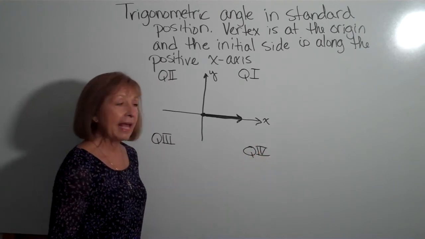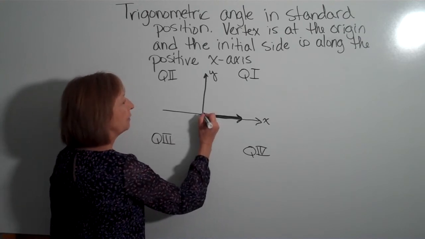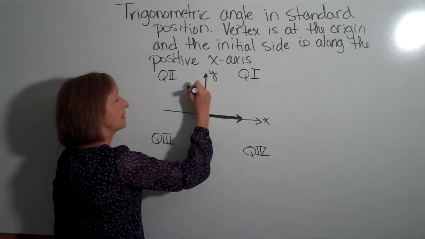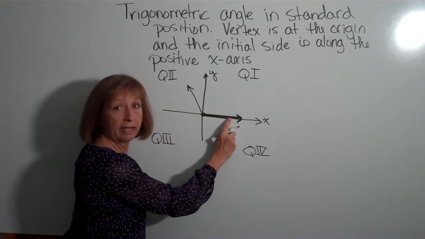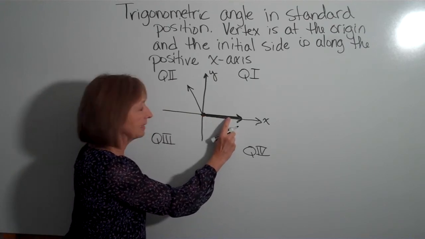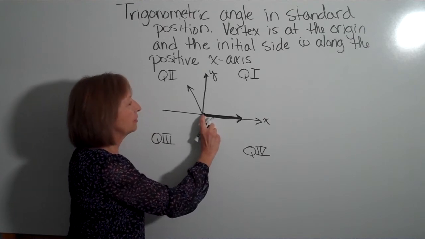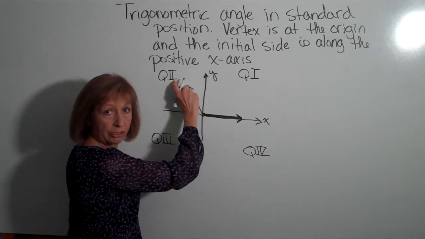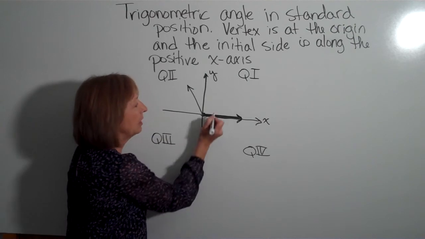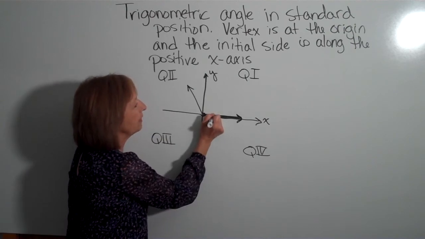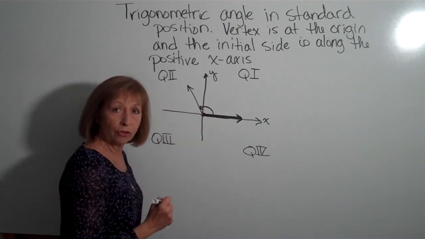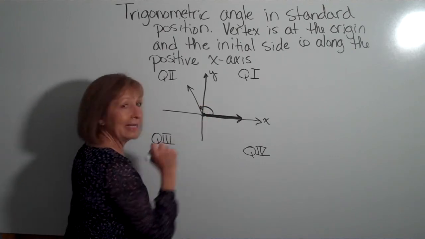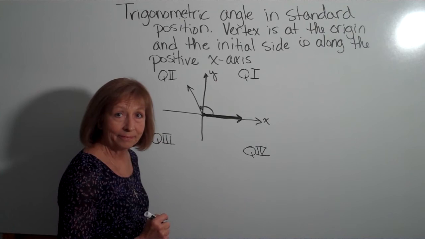Now if I have an angle that's shown to me like this, I have the vertex at the origin, the initial side along the positive x-axis, and the terminal side in quadrant 2, so it's a quadrant 2 angle, and I show the arc from the initial side up and around to hit that terminal side. That is a positive angle.